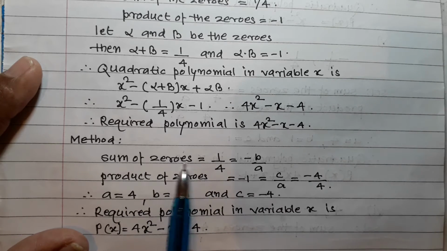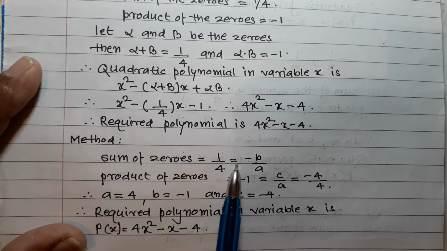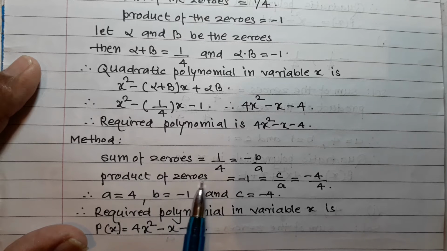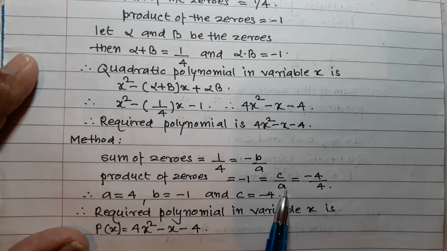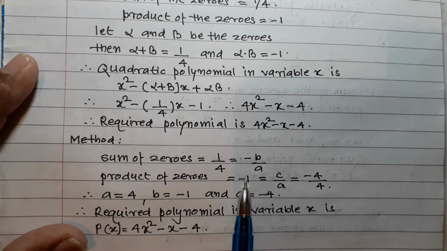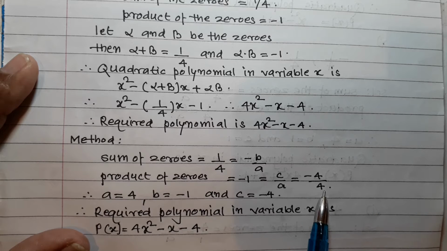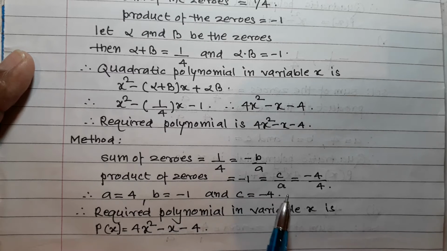So sum of zeros is equal to 1 upon 4 and this 1 upon 4 is equal to minus b upon a. Product of zeros is equal to minus 1, that is c upon a. So minus 1 you convert into minus 4 upon 4. Okay. And now you compare the coefficients.